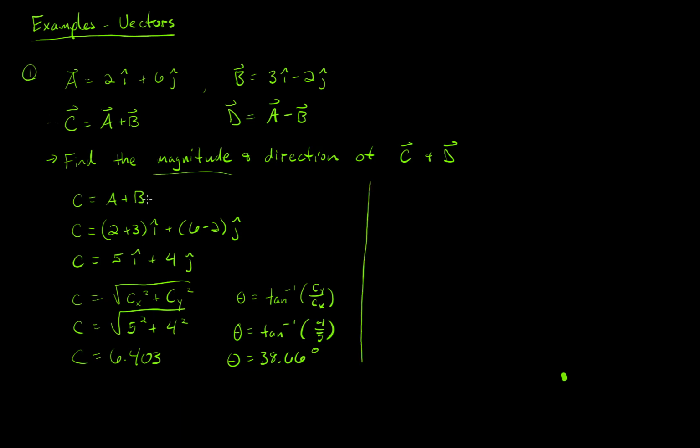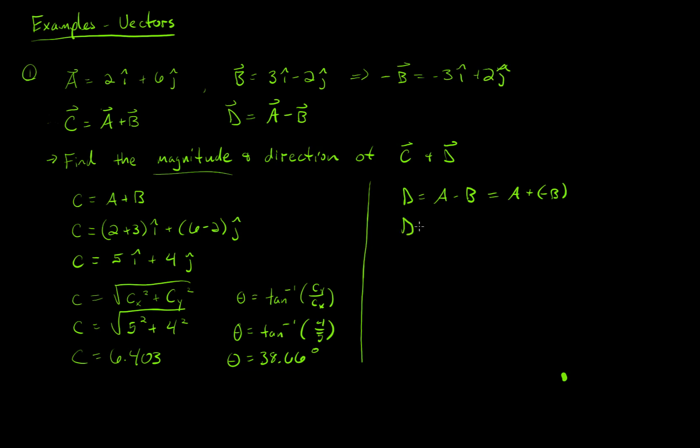Now we can do D. The idea is we just carry out the arithmetic and then apply our vector component stuff. So D is going to be A minus B. Since I have a minus, remember that that's just A plus negative B. So we want to get the negative of B. The opposite of B is going to be negative 3 i hat, remember, we just change the signs, plus 2 j hat.